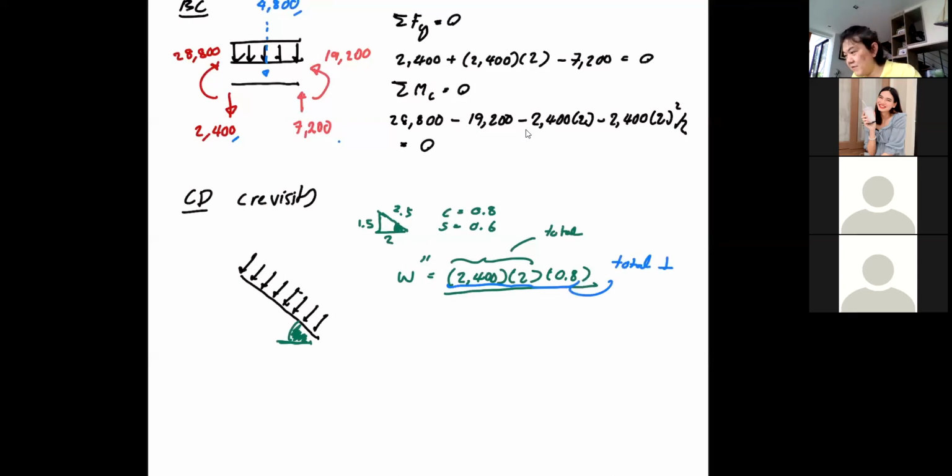And then we divide this by the length of the member, which is 2.5 meters. Okay, so we get the number equal to, actually it's the same because the angle is the same.